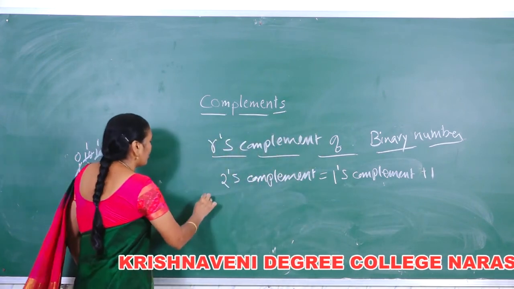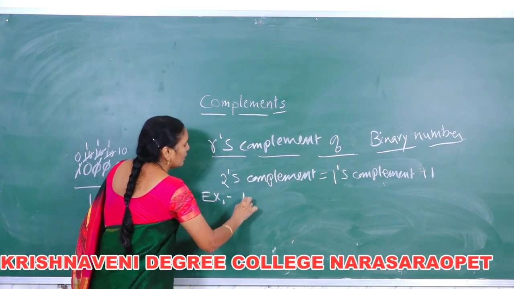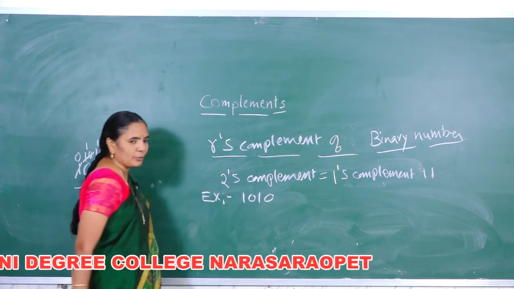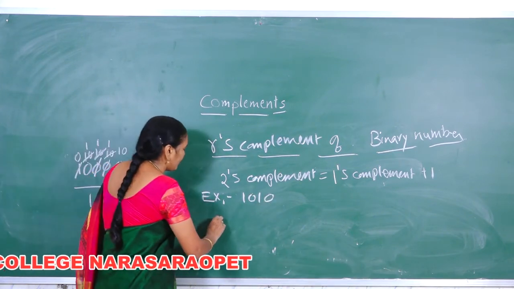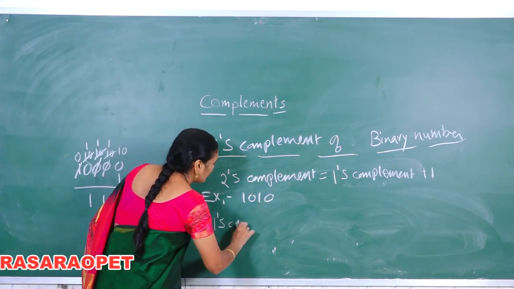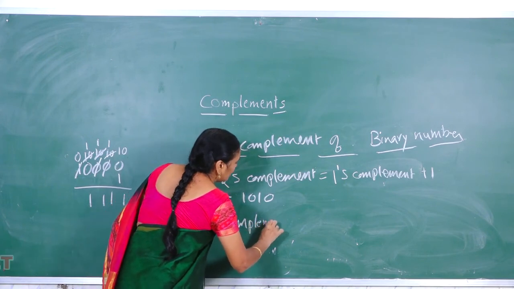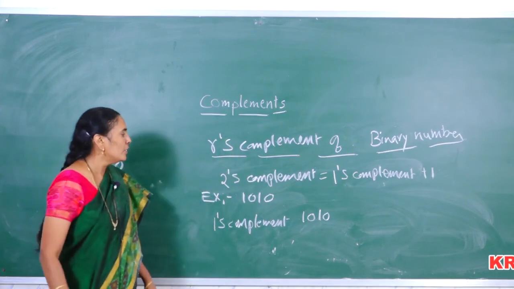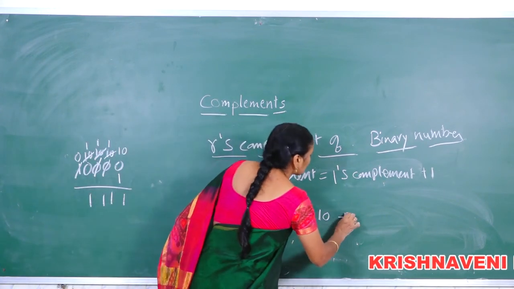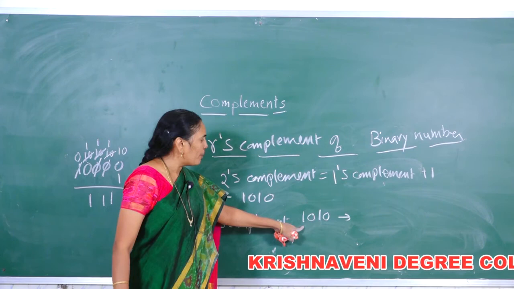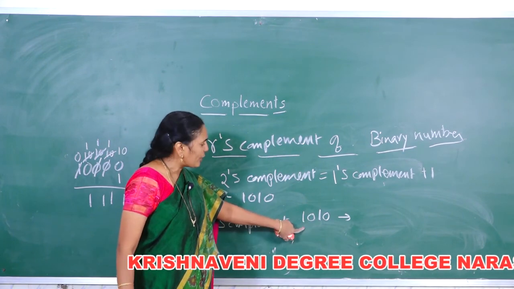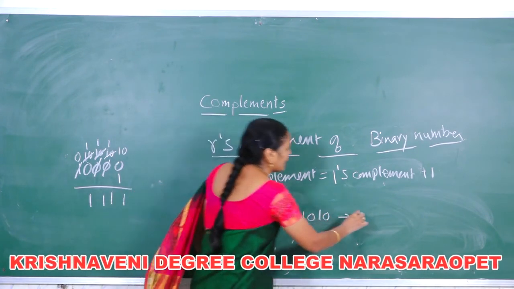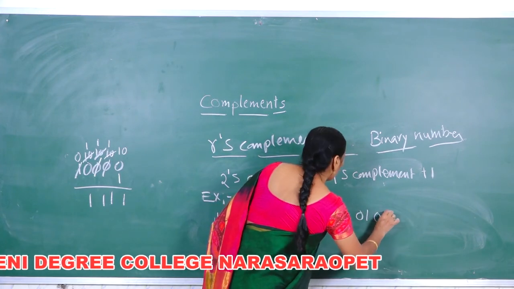Let us take an example, 1010. Now let us try to find the 1's complement of 1010. I have said the simplest procedure to calculate the 1's complement is simply interchange 1 to 0 and 0 to 1, that is 0101.